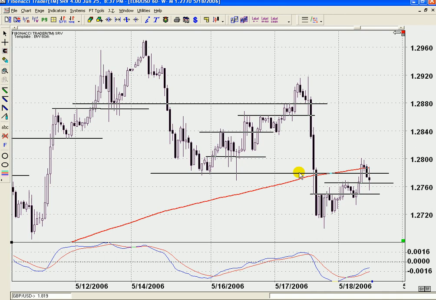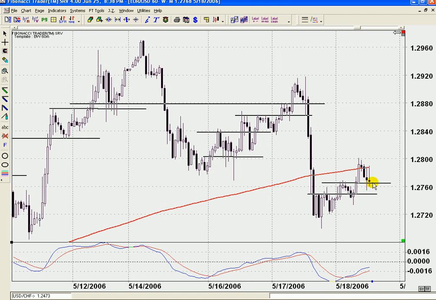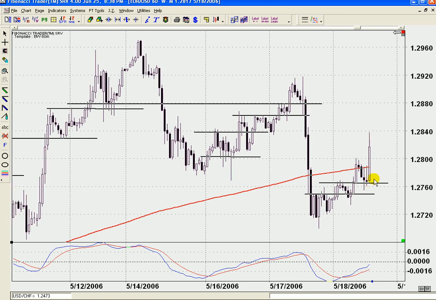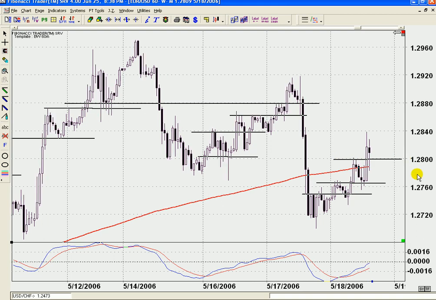We're through there now though. Comes back, tests the previous high, holds above, winds up and moves above 2800. Here's our dealing range, 2800. Comes back and tests.